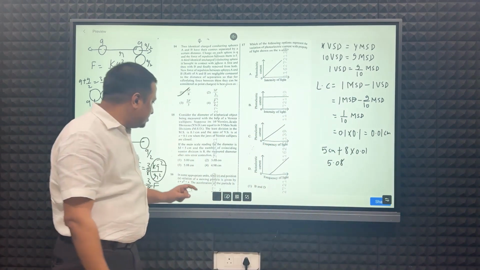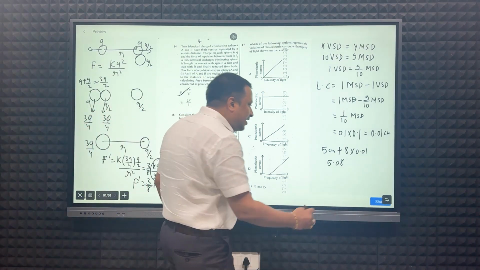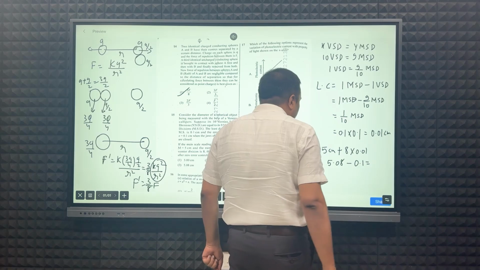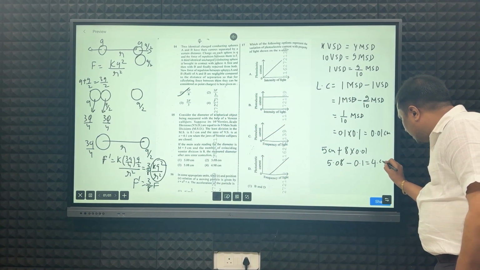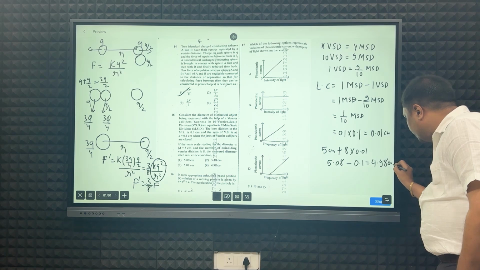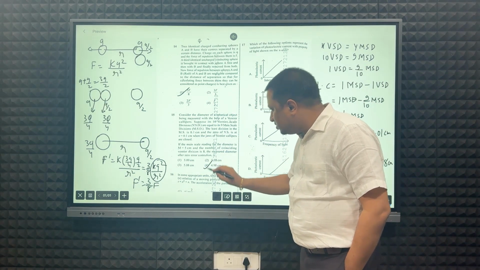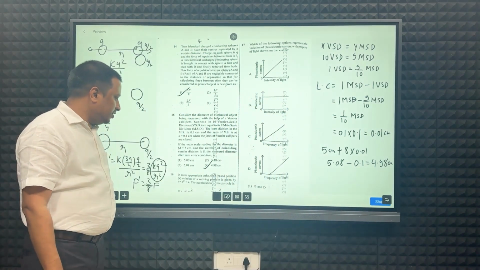But the problem is there is some amount of error also, that is 0.1. So that error we have to subtract, that is 0.1. It will give me 4.98 centimeter. This will be the measurement. I think there is only one answer, that is the fourth option. The fourth option will be correct.